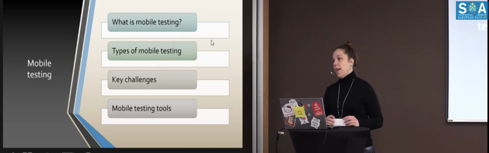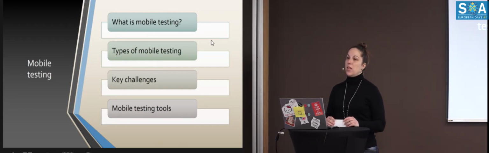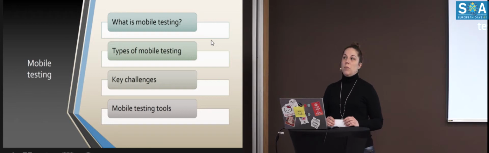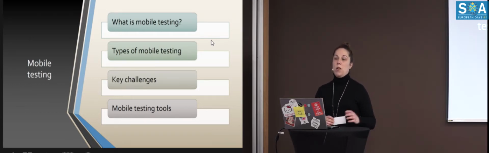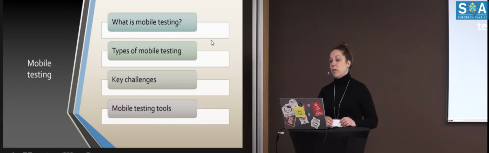If we can test on a certain device, and we are expecting something from the client, like a specification for testing, certain devices to cover, and a certain platform, either Android or iOS, that is very important for us to get, but sometimes we cannot get the device.